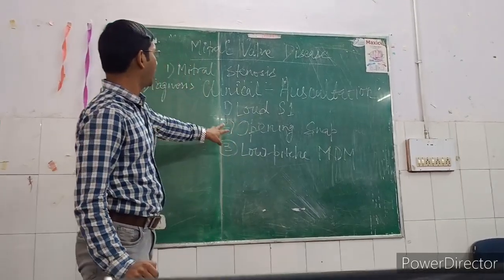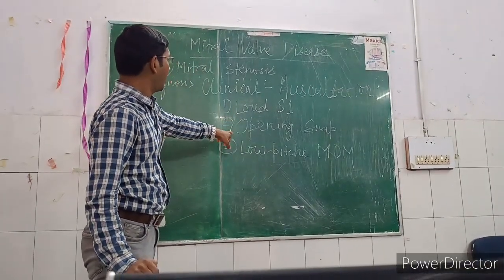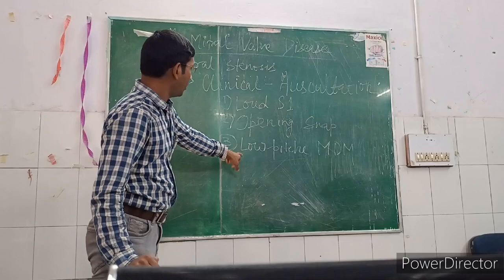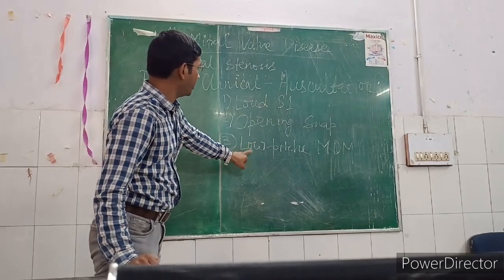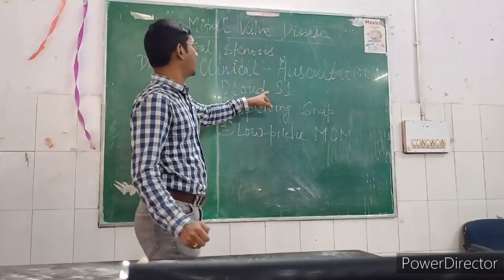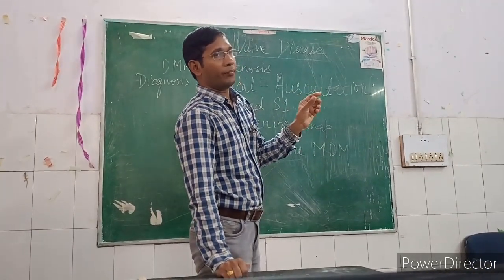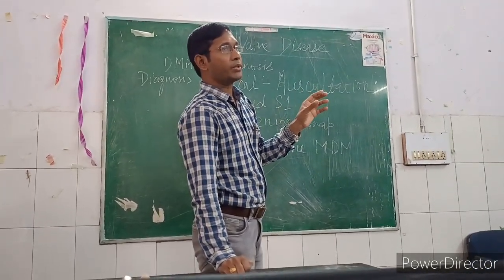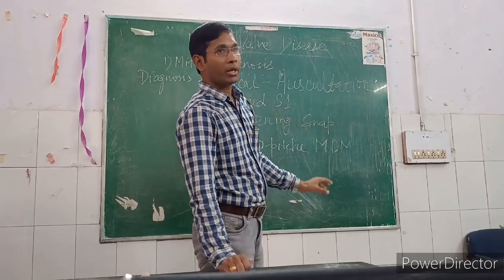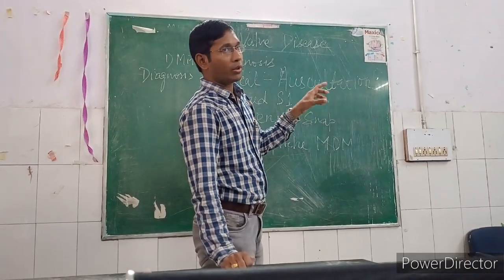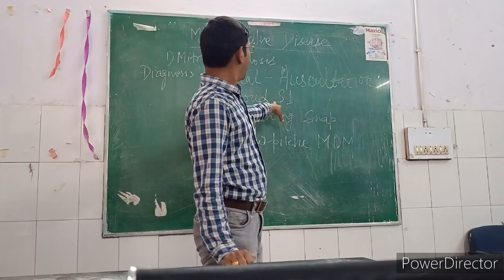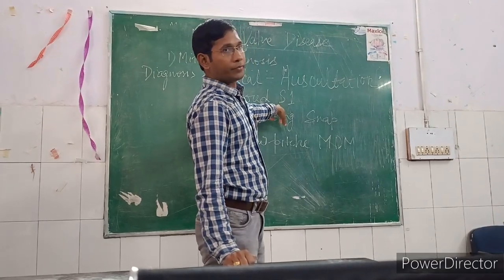So these are the clinical findings: loud S1, opening snap, and low pitched mid diastolic murmur. How will you assess that it is loud S1? In the mitral area, whenever there is a mid diastolic murmur and a loud sound at the mitral area, that will be loud S1.